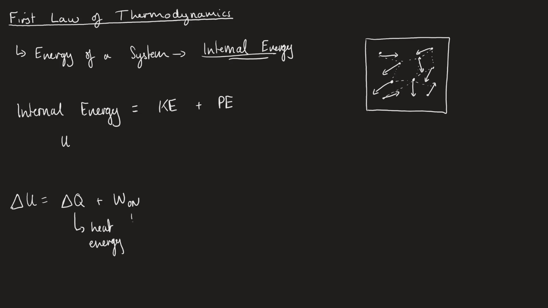And the work done on the system is by compressing, so pushing them all together, or expanding, so pulling them all apart. The work done on the system means that I'm going to have to compress or expand that system, and we know work done is a unit of energy, so I will end up changing some amount of energy.